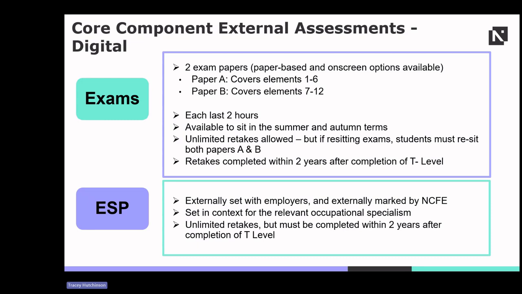The other difference with digital and education early years compared to the health and science TQs is that their papers are only 2 hours each. Now, both the ESP and the exams have limited retakes in the autumn and the summer series, and these retakes can be completed within 2 years after completion of the T-level.